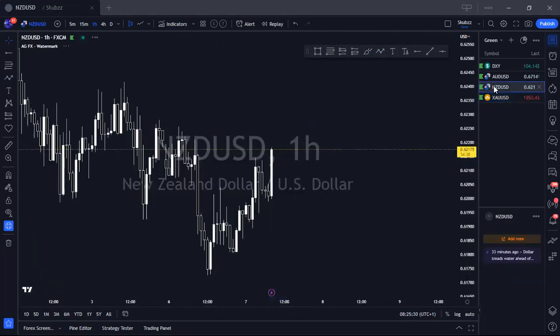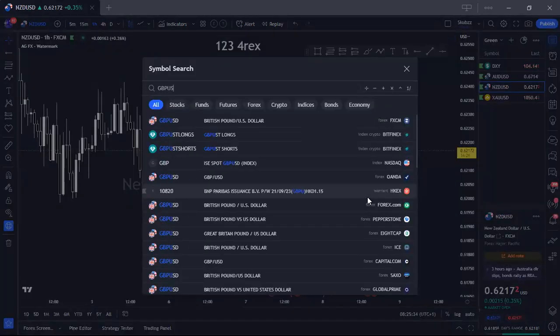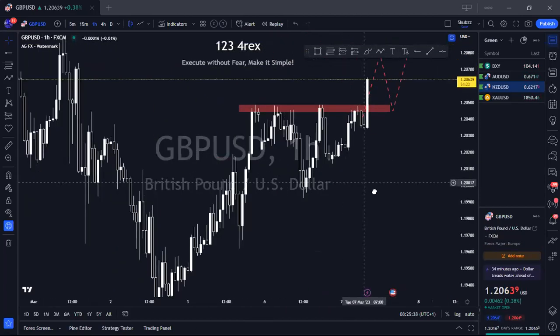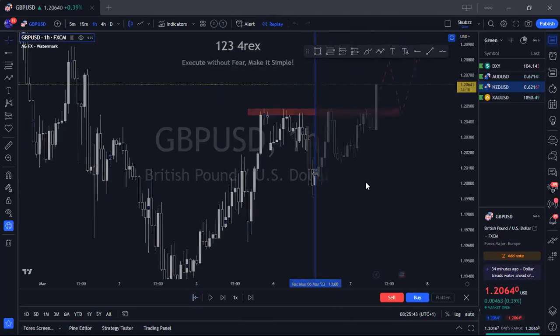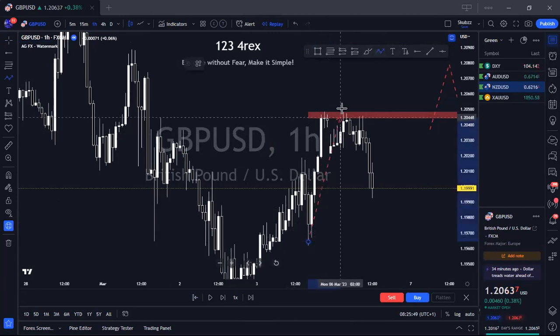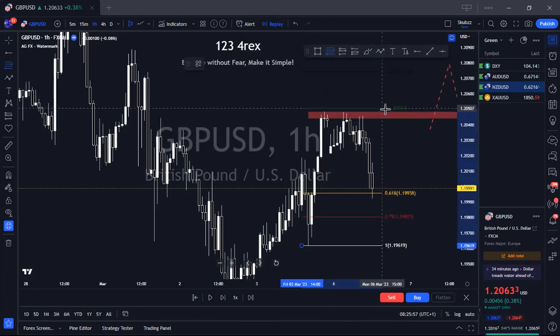There was something you said yesterday. You said you took a buy. I want to know how you were able to do that with the 61.8. Okay, let me show you something. Price created this higher high, and then it was retracing. It's just simple: plot your fib from the higher low towards the higher high.